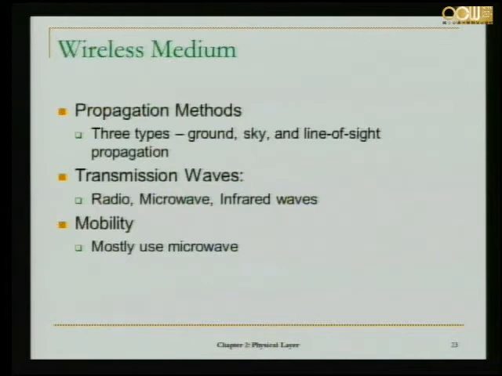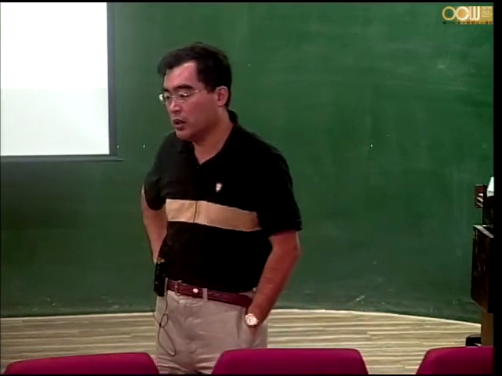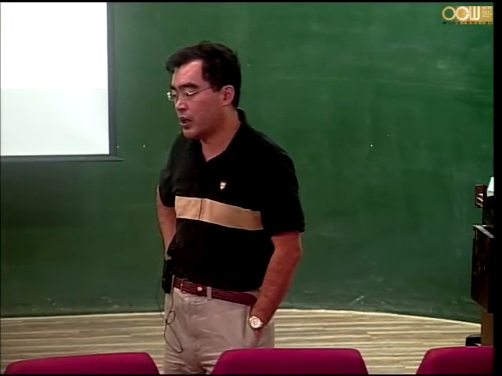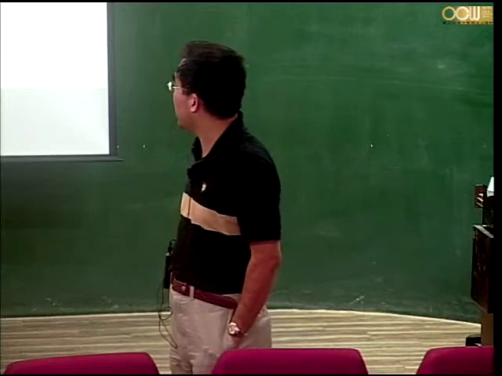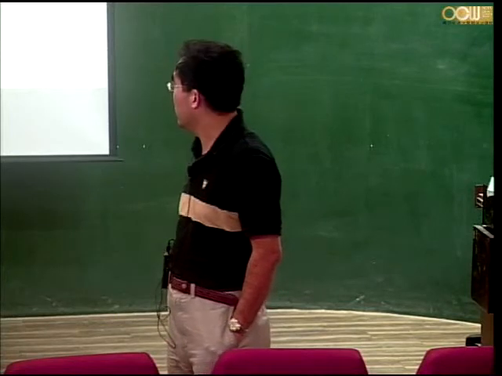The ground propagation can usually travel and cover the entire space near the ground area. And the sky propagation would rely on the sky, it needs to be high in the sky with much less obstacle in between.